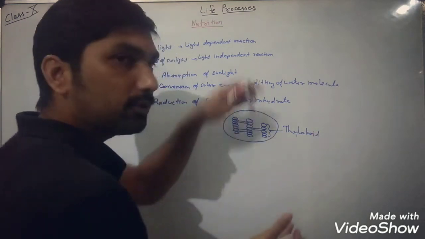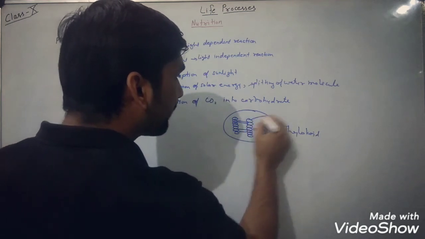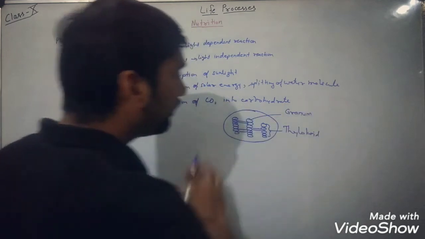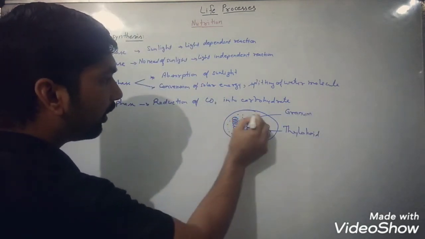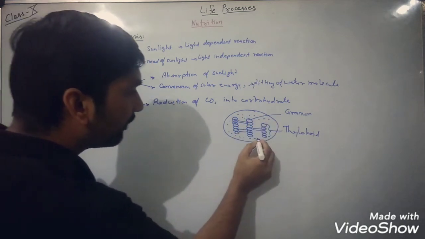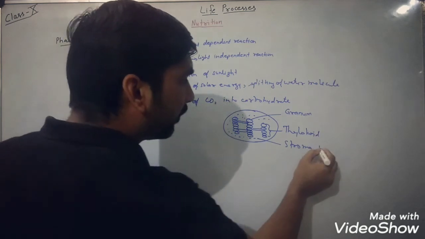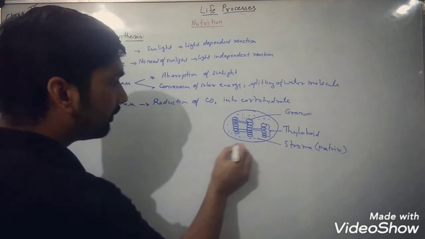These are piles of small coin-like structures, and a single pile is known as a granum. The fluid part of the chloroplast is known as stroma, the matrix of the chloroplast.